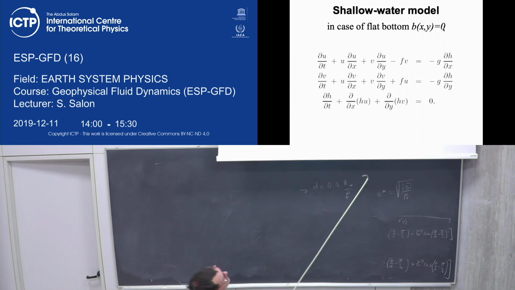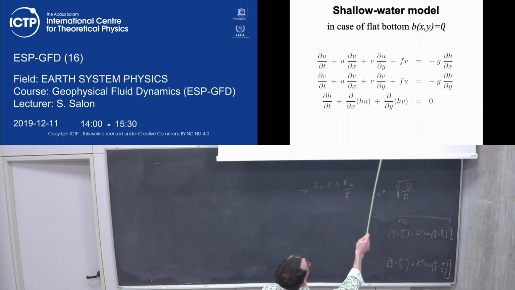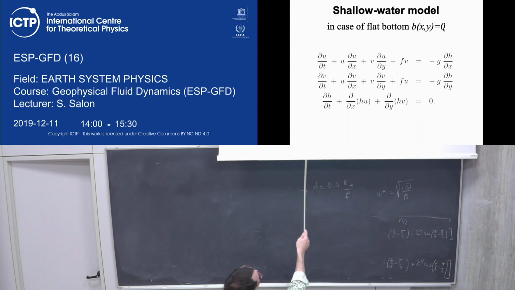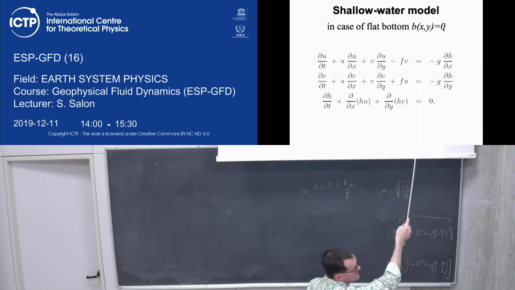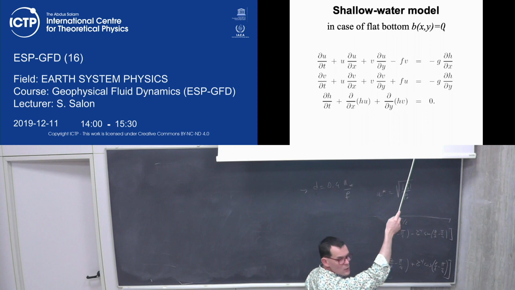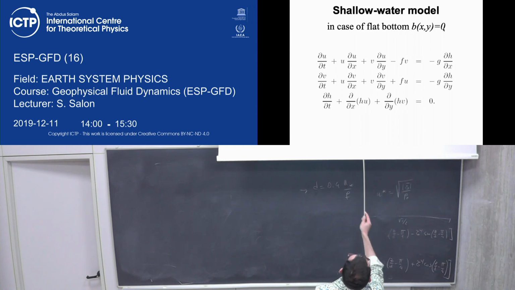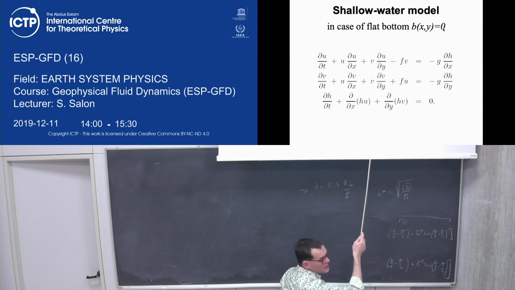So we avoided all these terms, considered this, okay, with P, and added the friction and calculated the Ekman layer. Consider only these two, and we have the balance between Coriolis and pressure gradient, and we have the geostrophy.